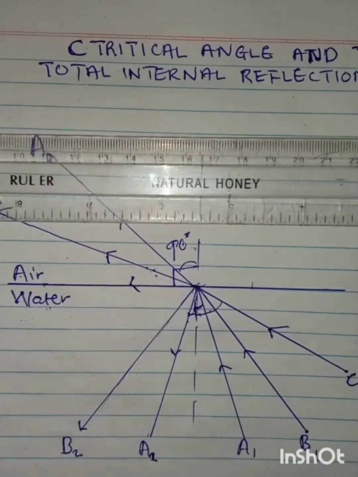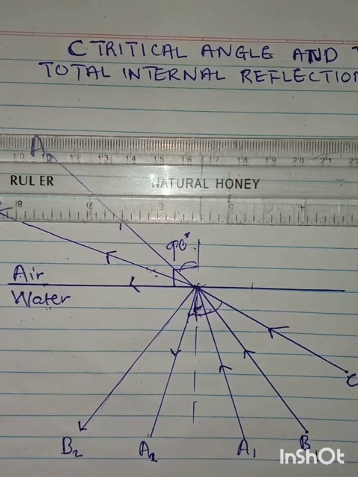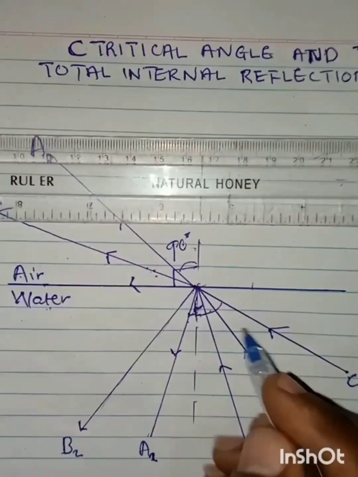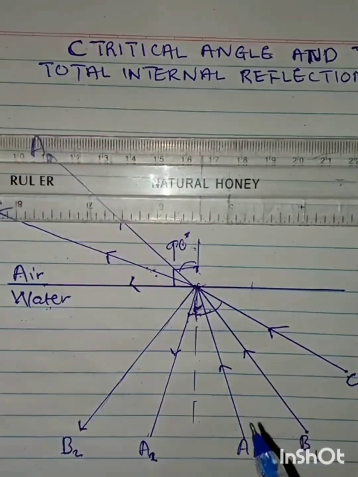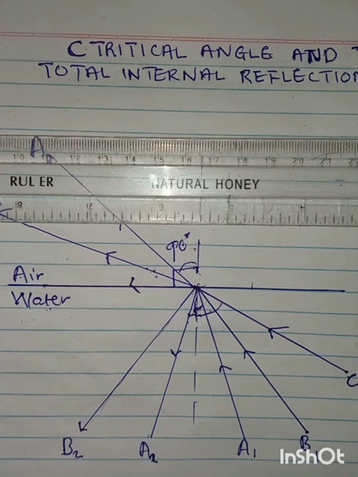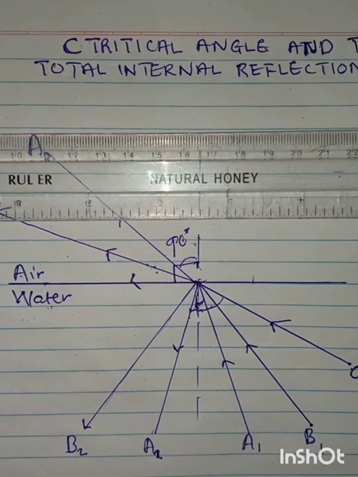Now we can define the critical angle as the unique angle of incidence for which the angle of refraction is 90 degrees. Understood? What is critical angle? I think you have understood.